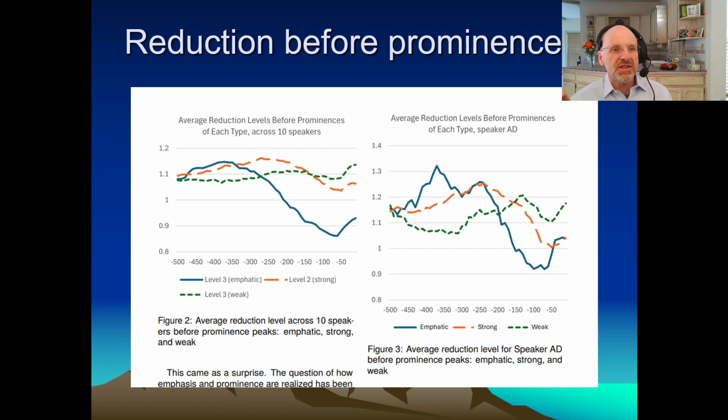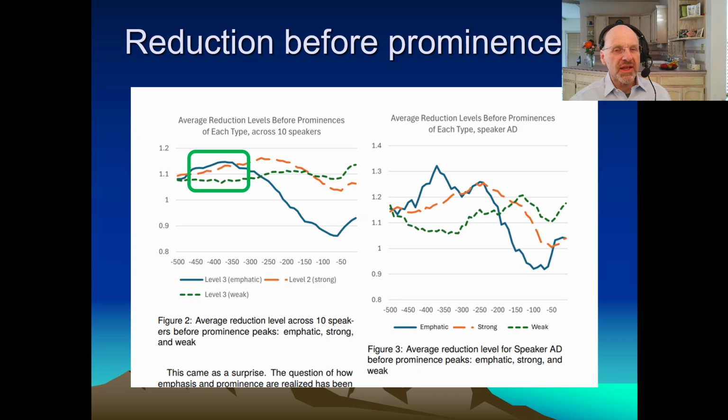Our second little case study examined reduction before prominence. I mentioned prominence before. A prominent syllable is, if I say something like, oh my goodness, look at the clock, clock is prominent. Of course, we have high pitch and so on. But what's interesting is that a few hundred milliseconds before that, there's a tendency to increased reduction.